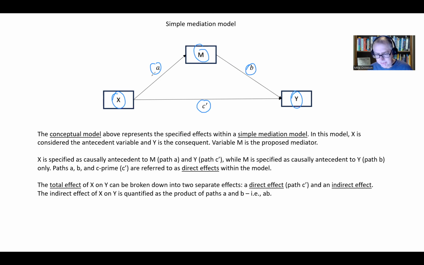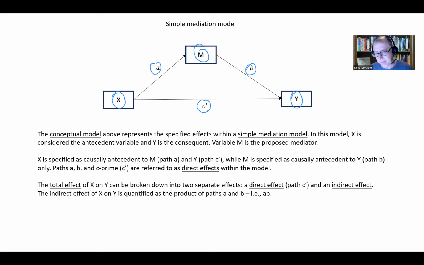A reflects the direct effect of X on M, b reflects the direct effect of M on Y, and c prime represents the direct effect of X on Y. And if that c prime is significant, that would suggest that the effect of X on Y may not be fully transmitted through M, but maybe there's some residual direct effect, or at least maybe there are some unmodeled mediators that could be considered in the future.